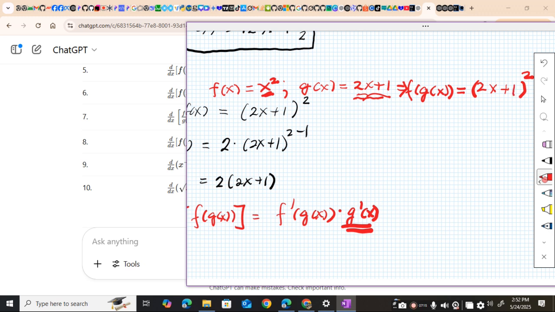So we recover the expression here, which is quantity 2x plus 1 squared. According to the formula, we only have to multiply it by the derivative of g, where g of x is 2x plus 1. All we need to do is take the derivative of that, so we multiply it by g prime of x.